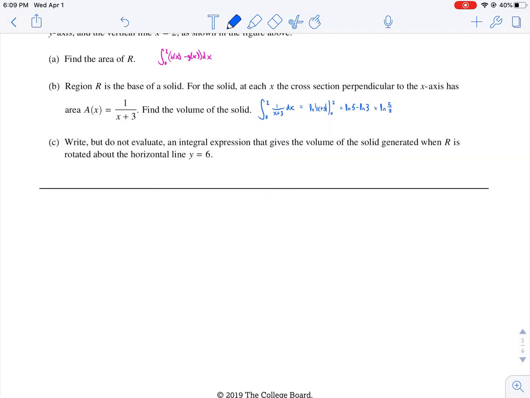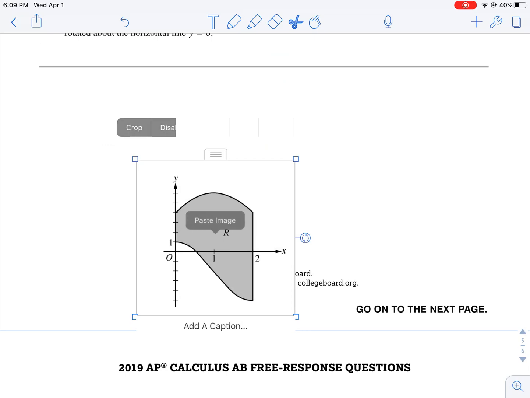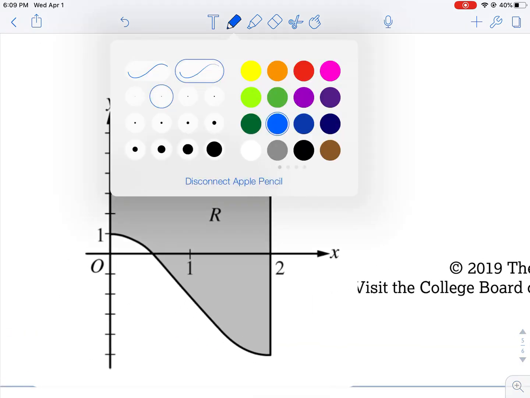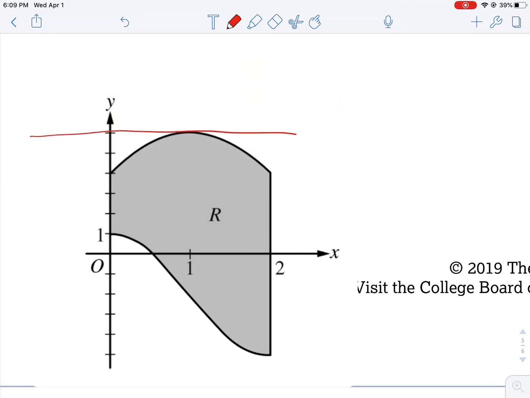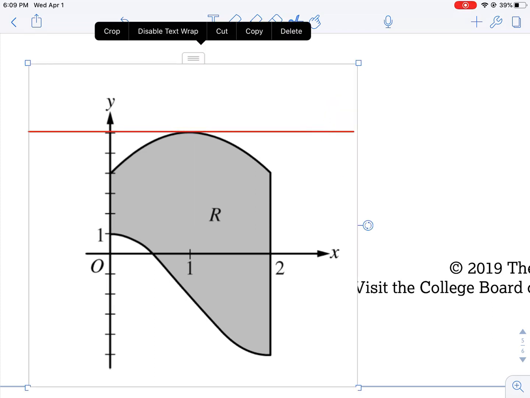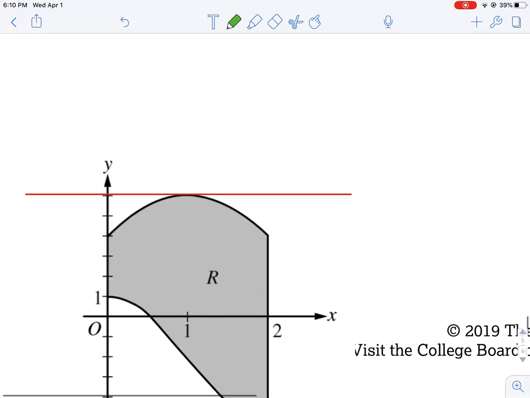And then part C, we're going to revolve this region about the line y equals 6. So let me get this down here. All right, so if we revolve this about the line y equals 6, which is like this line right here, what that will end up looking like, roughly, is something like this.